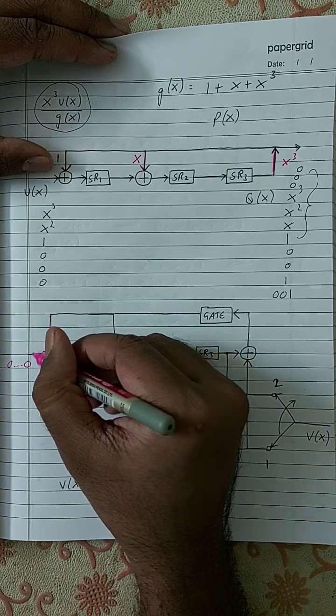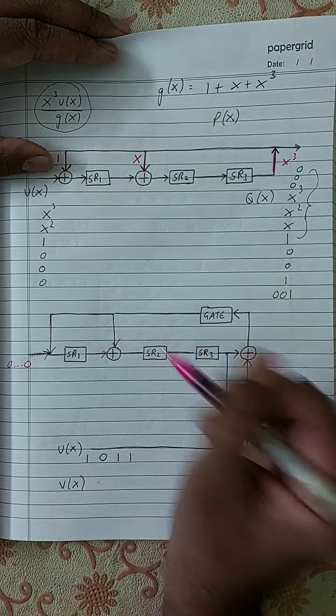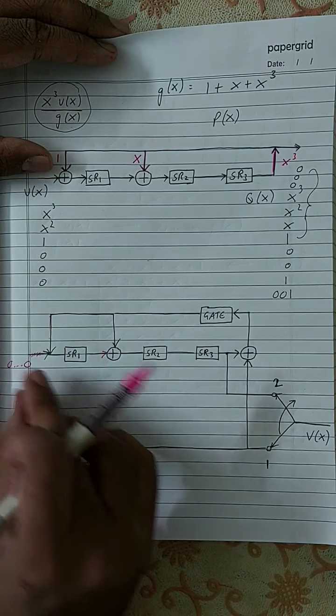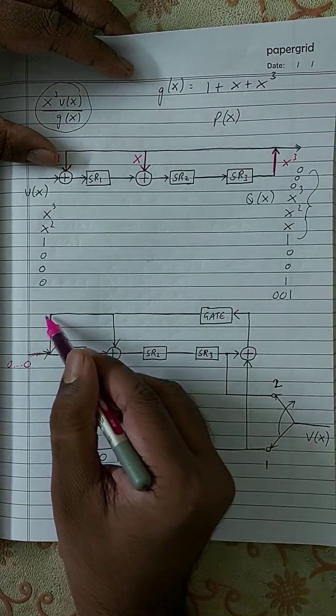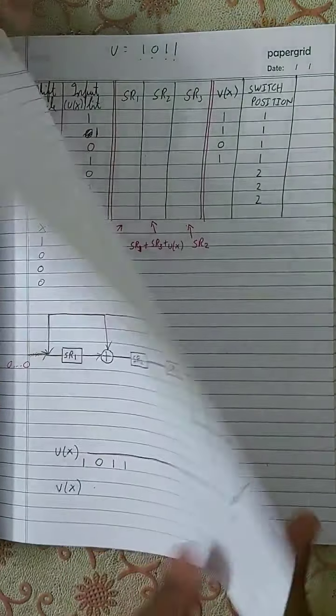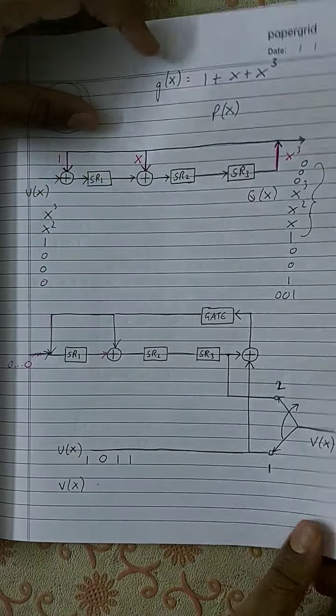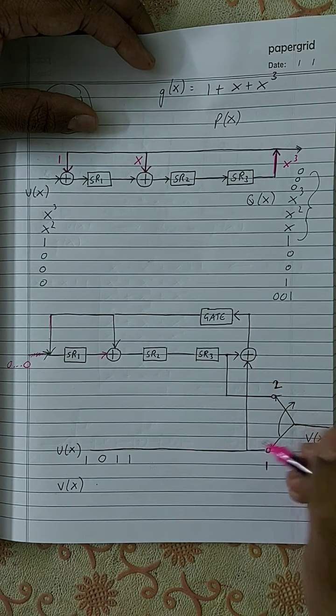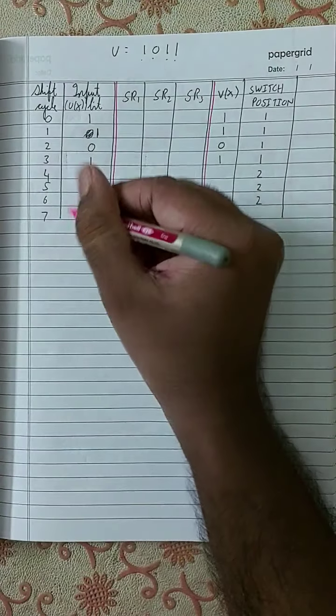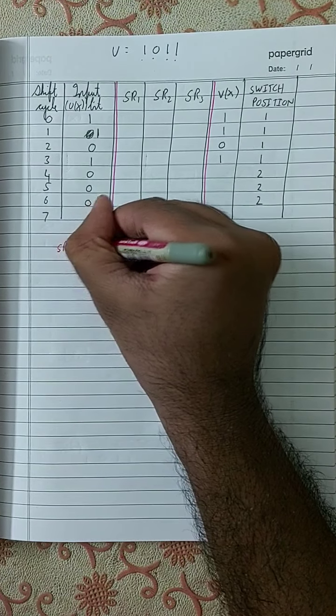So for now you can ignore this. This arrow mark over here represents the operation. It is coming from here, which is SR3 plus U of X.